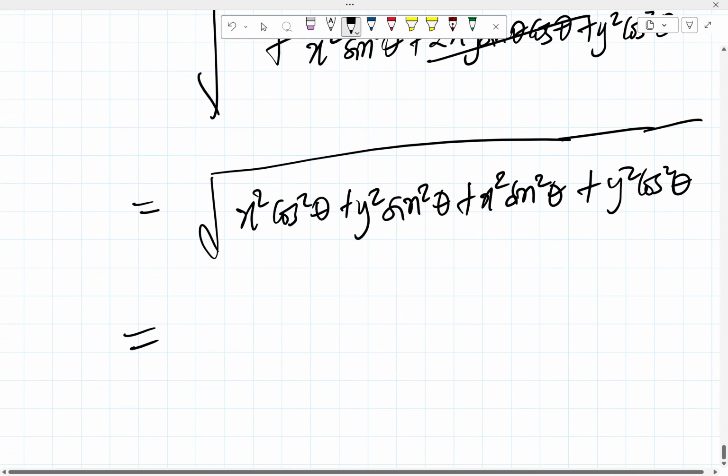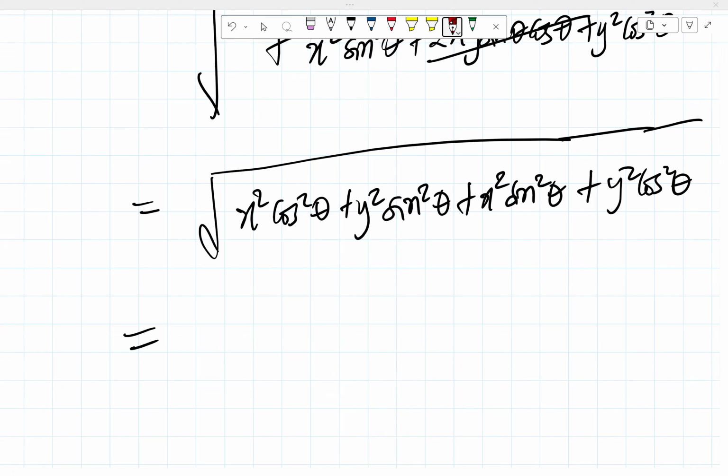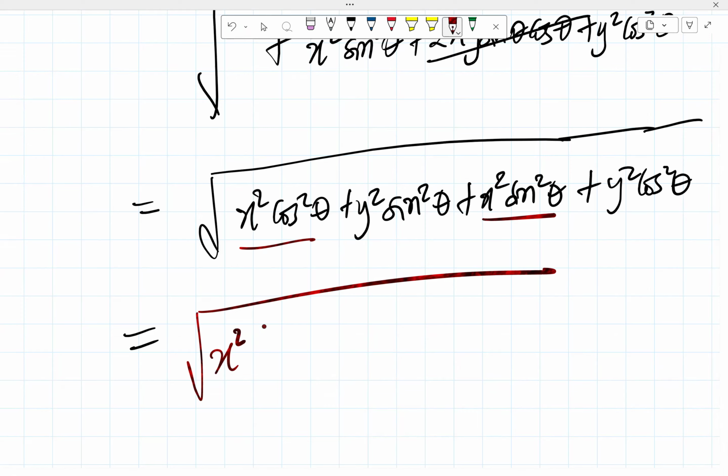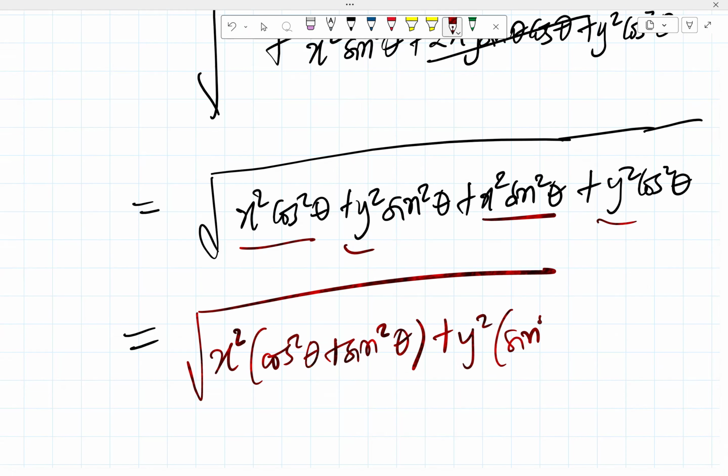So we can collect like terms now. You have x squared cos squared theta and x squared sine squared theta, so x squared is common: cos squared theta plus sine squared theta. Plus y squared is common here also: sine squared theta plus cos squared theta.